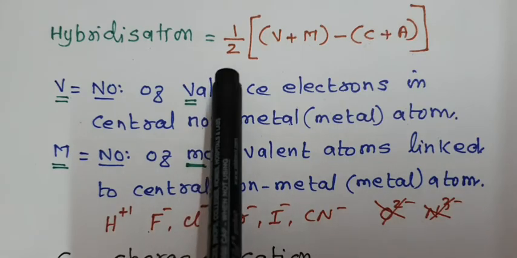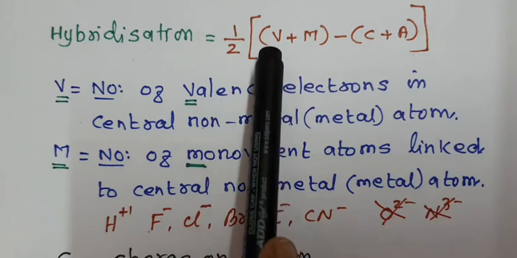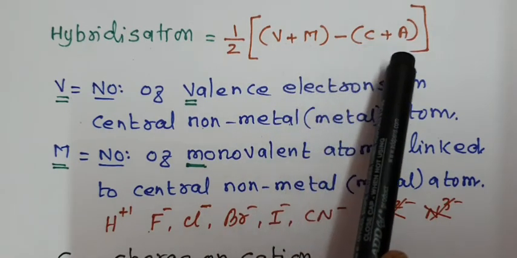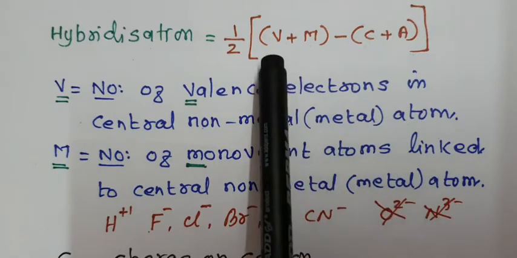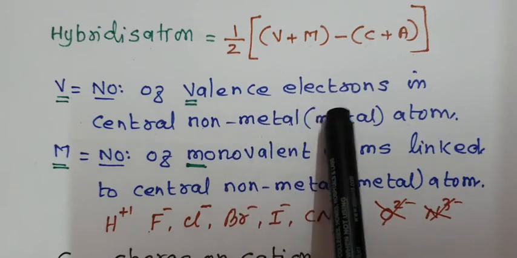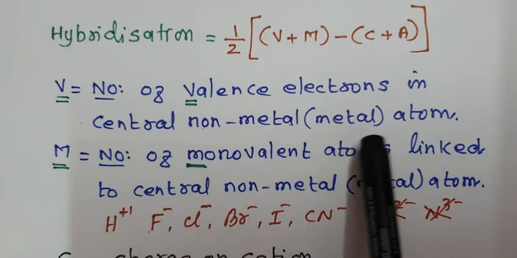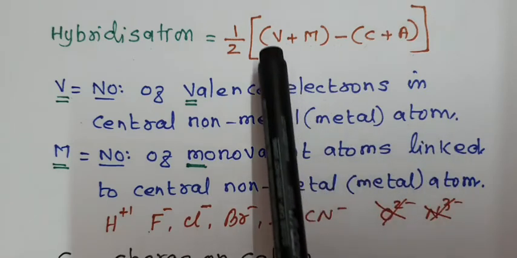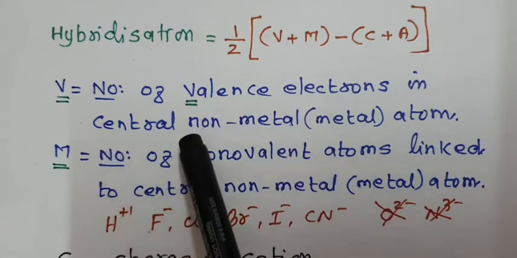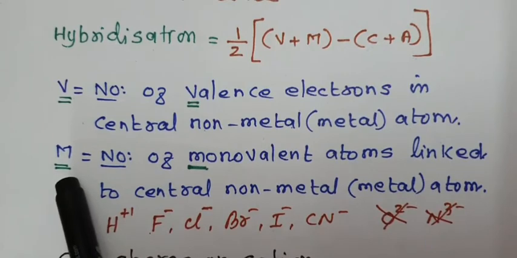Hybridization equals 1 by 2 into V plus M minus C plus A. What is V? Number of valence electrons in the central non-metal or metal atom. What is M?